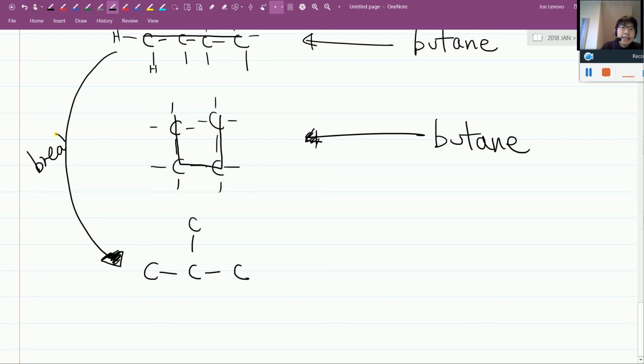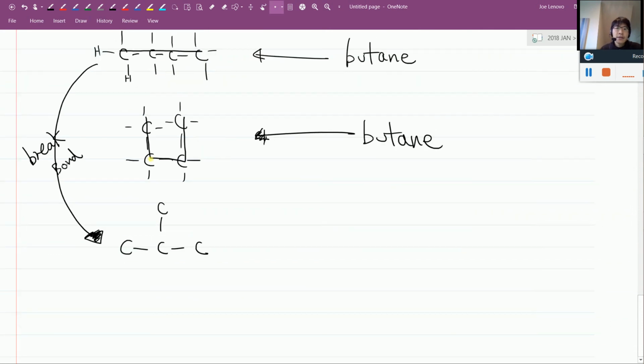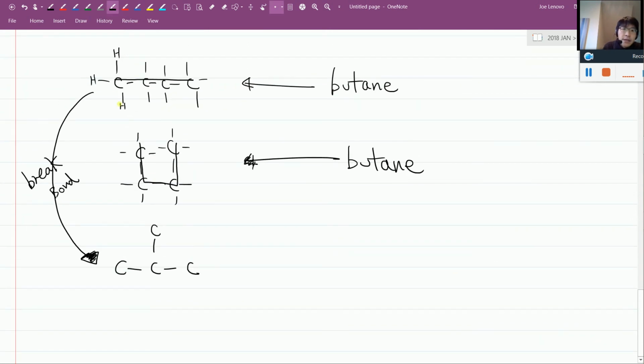I have to break at least one bond. Let's zoom in a bit. You have to chop one of the ends off and move it to join to the second one. If you don't do that, there's no way you can just bend over the straight one and go into the second one.